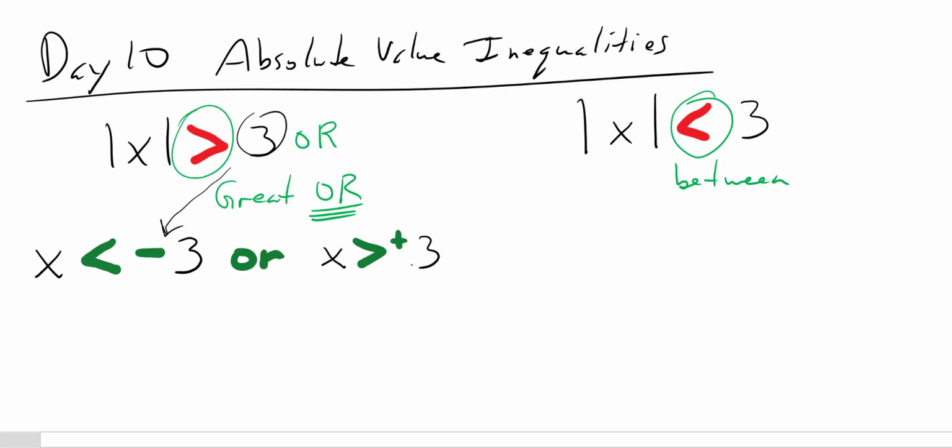So x is less than negative 3 or x is greater than positive 3. This is what goes in the answer blank.